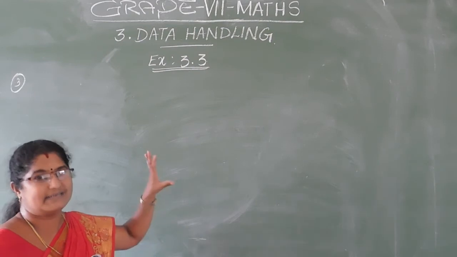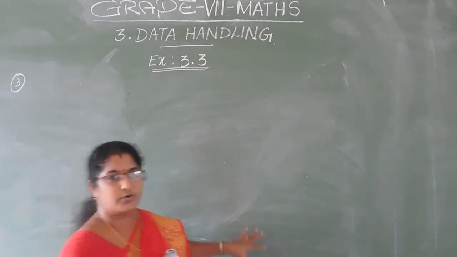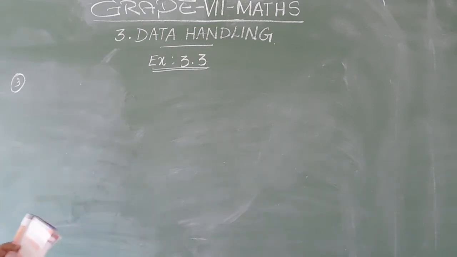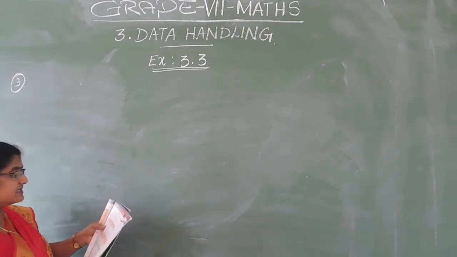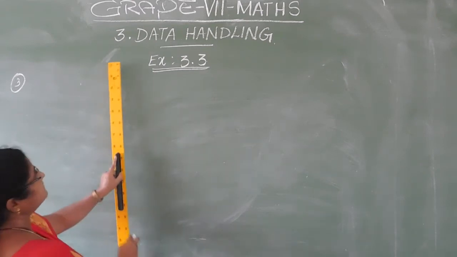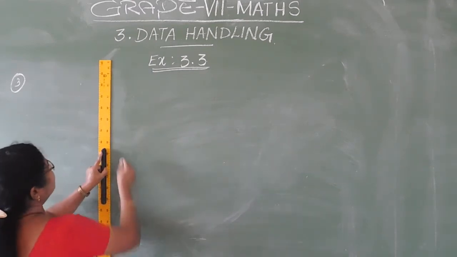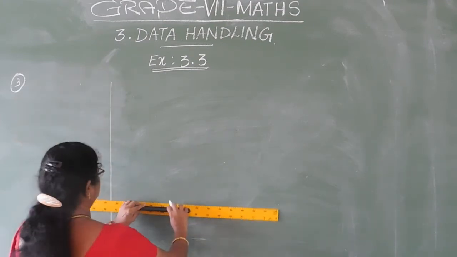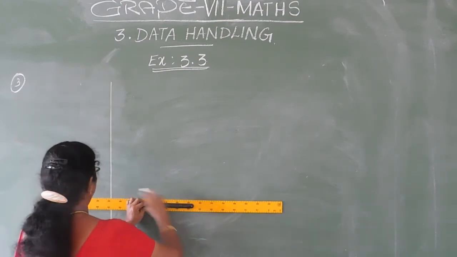Write the question fully in the written part, and only in the graph sheet part do we draw the graph. Now, in the graph sheet, we have to draw a vertical line, the y-axis, and a horizontal line, the x-axis.